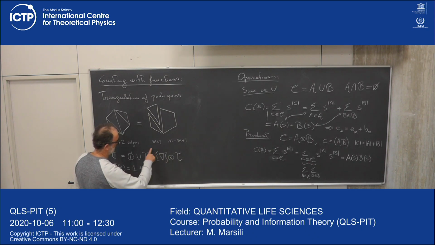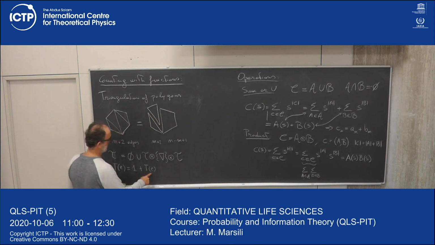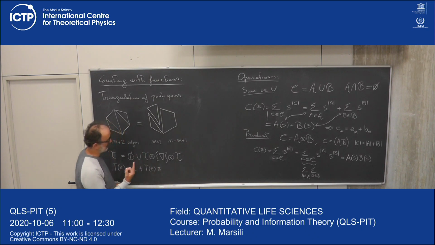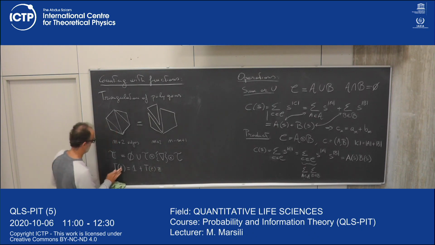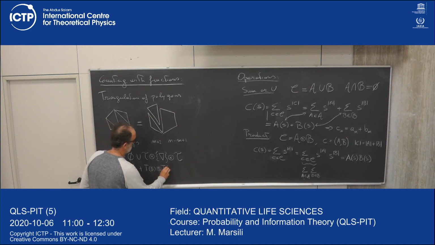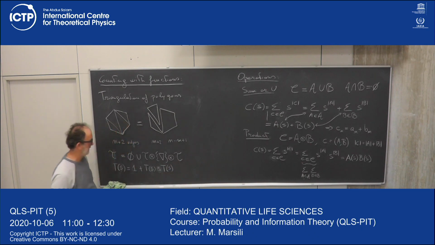Now, the generating function of this is the generating function of this times the generating function of this times the generating function of this. So this is the generating function of a set with a single triangle, a set with just one element of size 1. So it's just, sorry, I should use S. It's just S times T of S, which is the generating function of T.